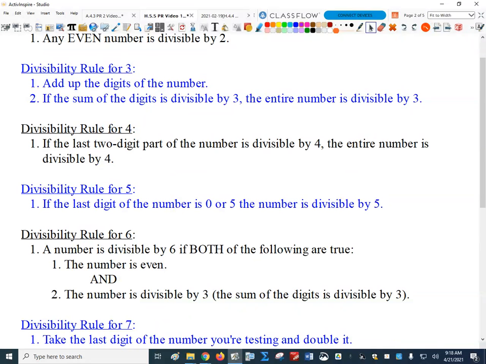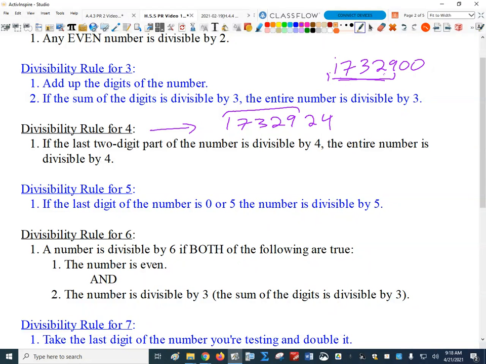If we take a number like 17329 followed by 0, I don't have to consider any of these digits, because if I just look at the number 173290, 4 has to go into that, because this is equivalent to 17,329 hundreds, and 4 goes into 100 evenly, so it has to go into that many hundreds.